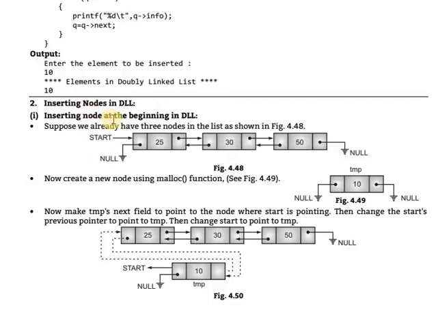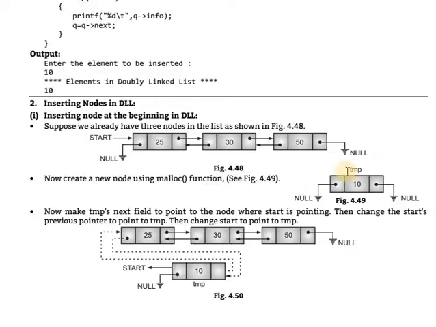Next point, inserting nodes in a DLL, meaning a doubly linked list. There are three cases. The first case is inserting a node at the beginning of the DLL. Suppose we already have three nodes in the list, as shown in the figure: 25, 30, 50. Now create a new node using the malloc function.